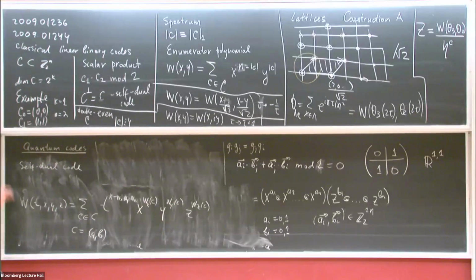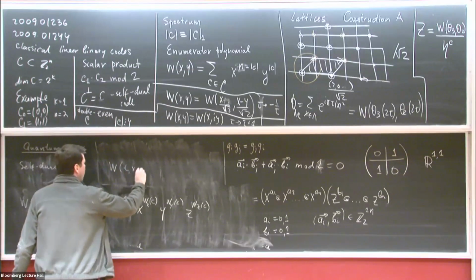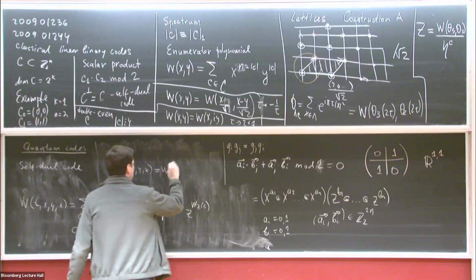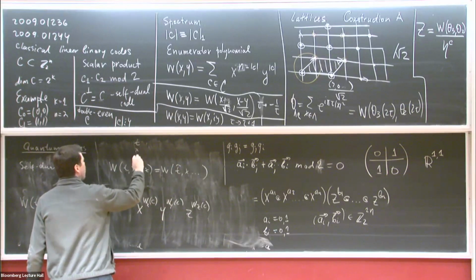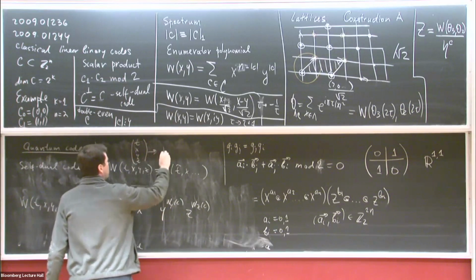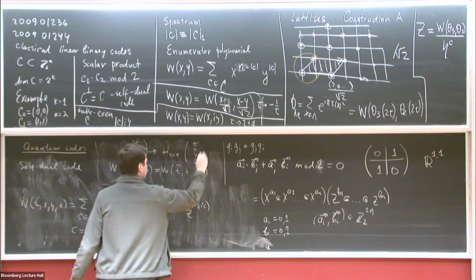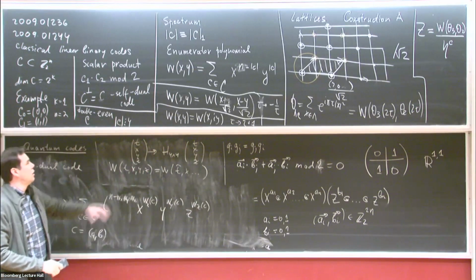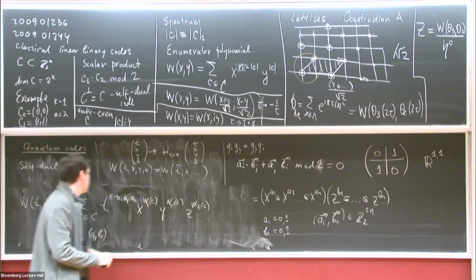If my code is self-dual, it means that W of T, X, Y, Z is equal to some transformation. This transformation works in the following way: you take this vector and you multiply by a 4 Hadamard matrix. It's quite similar to the transformation here. Here it was a 2 by 2 Hadamard, here it's a 4 by 4 Hadamard.